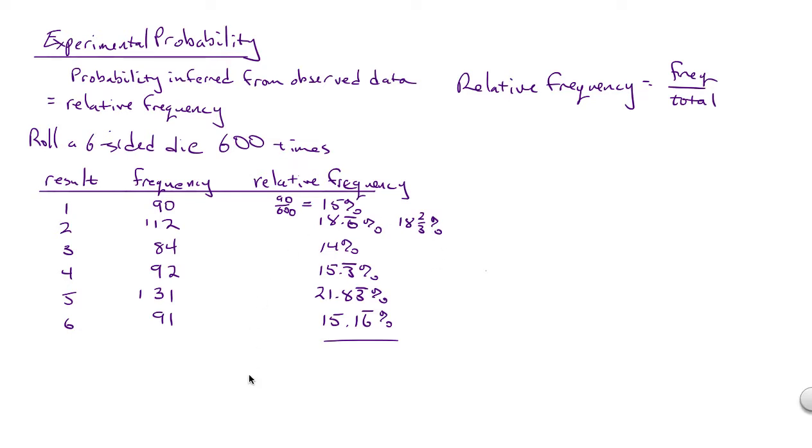And that way, if we say we did another experiment where we rolled a die, say 1,000 times, we could then find those relative frequencies and we could compare the two. We can compare the results from two different dice, say, to see if they produce similar results.